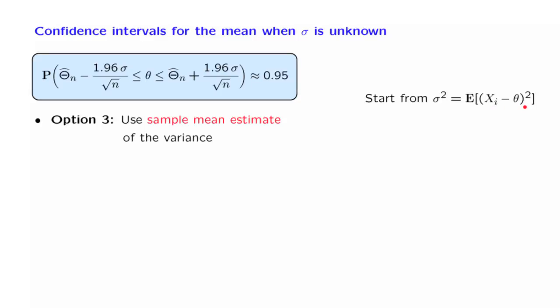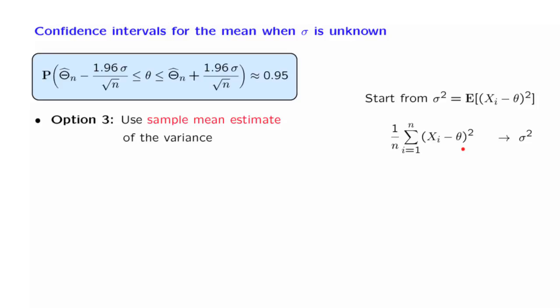And we can estimate expected values by taking several samples of this quantity and taking the average of them. So if we have n pieces of data, for each piece of data we calculate this quantity, divide by n, and by the weak law of large numbers, this is the sample mean of this particular random variable, and it converges to the expected value of this random variable. So that's how we could estimate the variance.